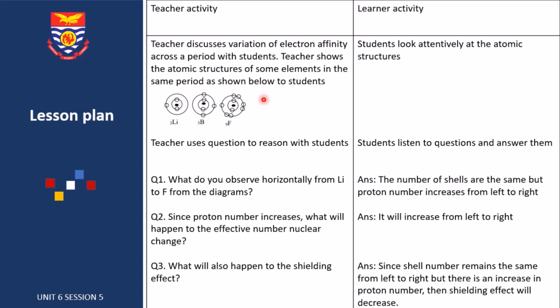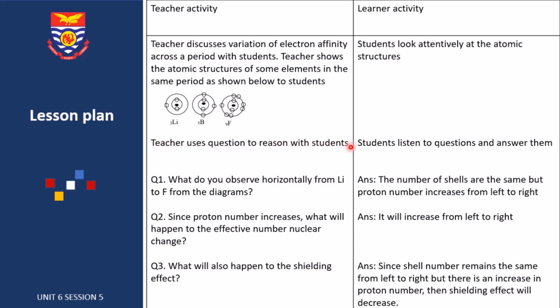When you show something to students, at least you should follow it up with questions. Teacher uses question to reason with students. What should student do? Student listen to the questions and answer them. And then look at the match over here.